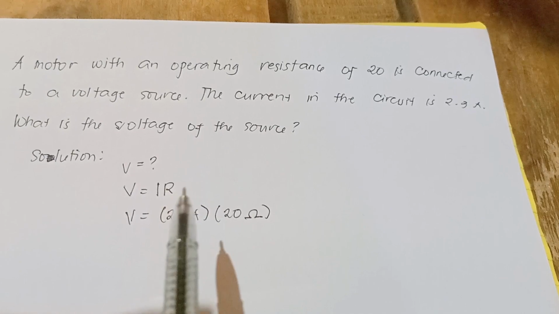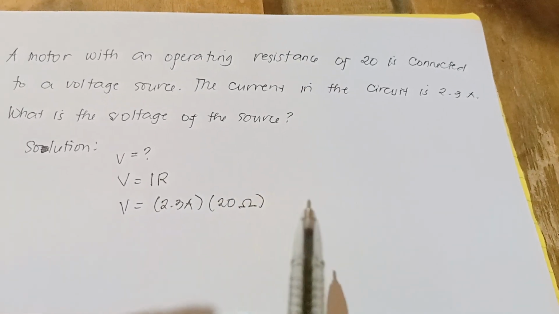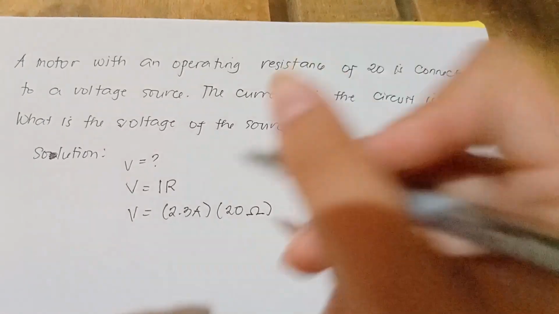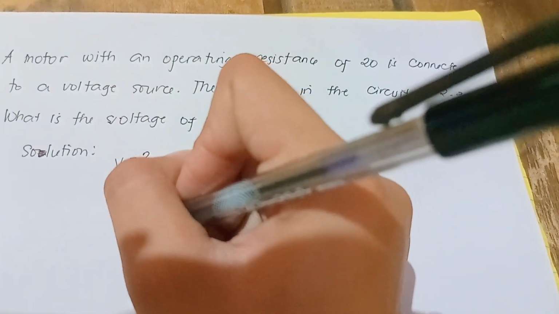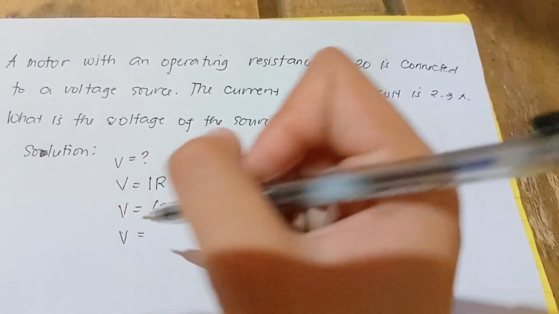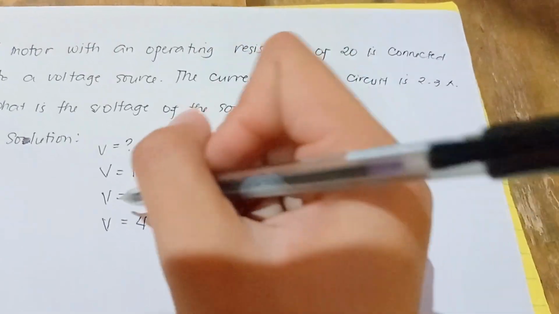So current multiplied by resistance: 2.3 ampere multiplied by 20 is equal to 46 volts. So the answer is voltage is equal to 46 volts.